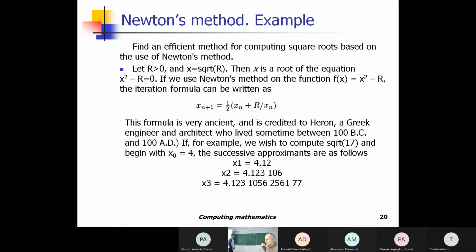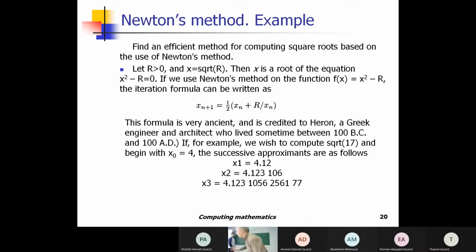Let's move 1 over 2 outside of the brackets. And you can write 1 over 2, bracket, xn plus r over xn, and close the bracket.